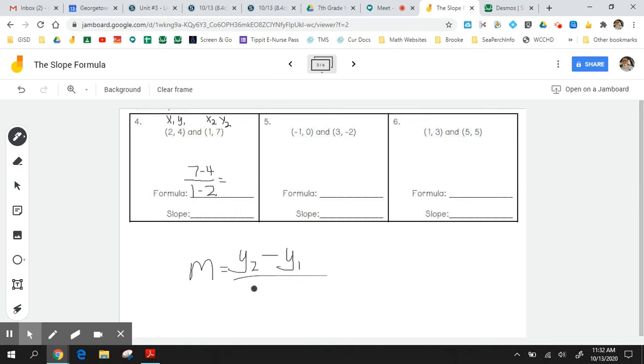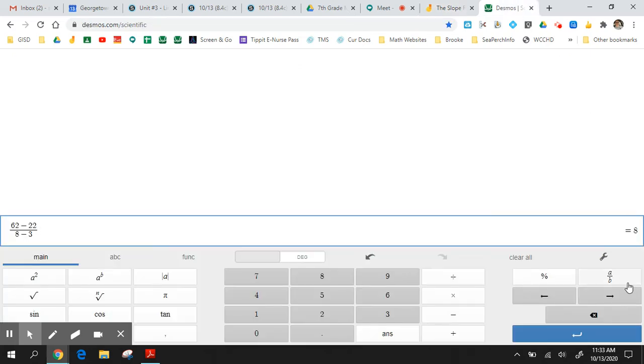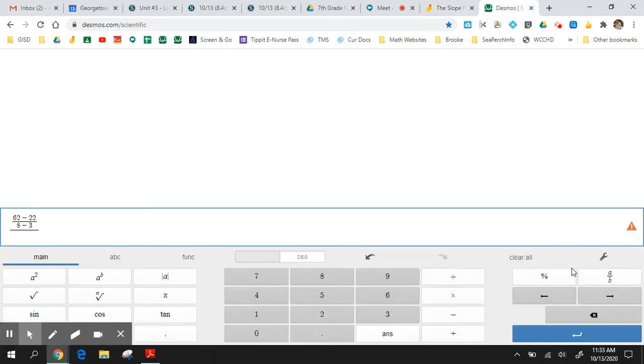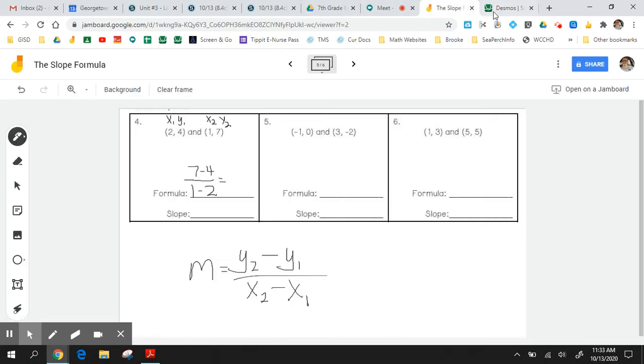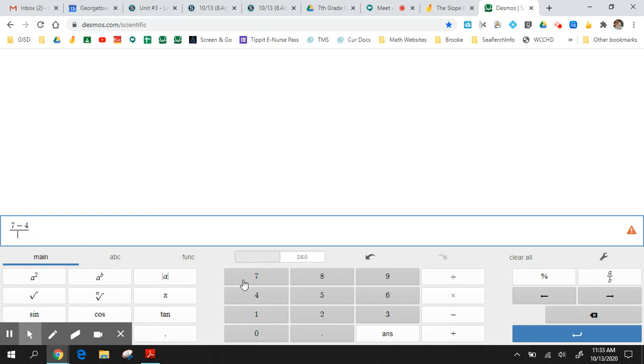So again, this is what I just said out loud: y2 minus y1 over x2 minus x1. There's always a subtraction sign. Okay, and then let's look. Type it into Desmos, type it into your calculator. 7 minus 4, and it was 1 minus 2.